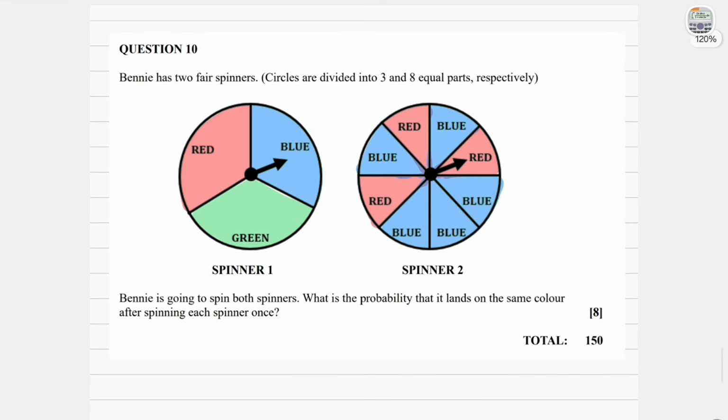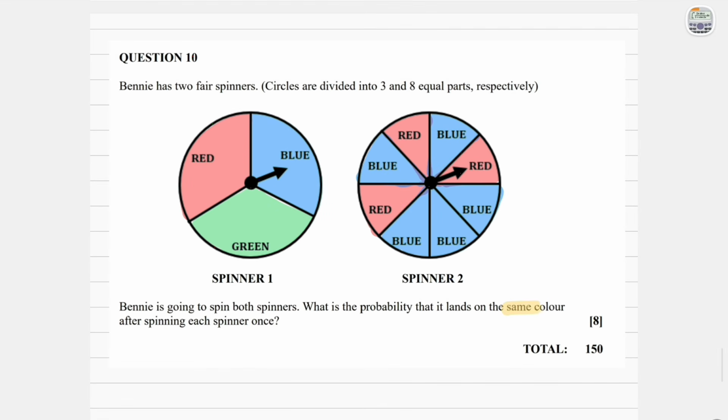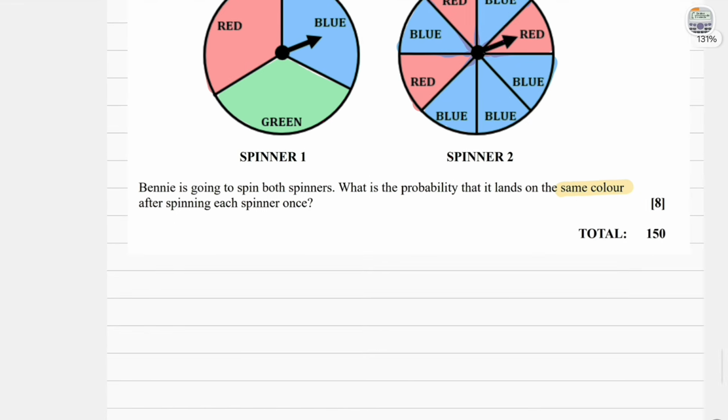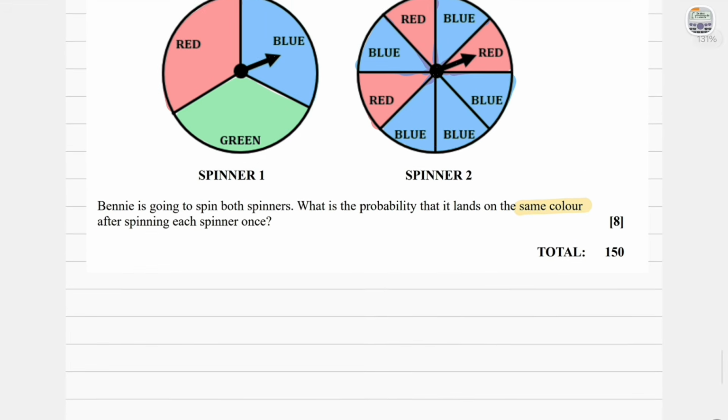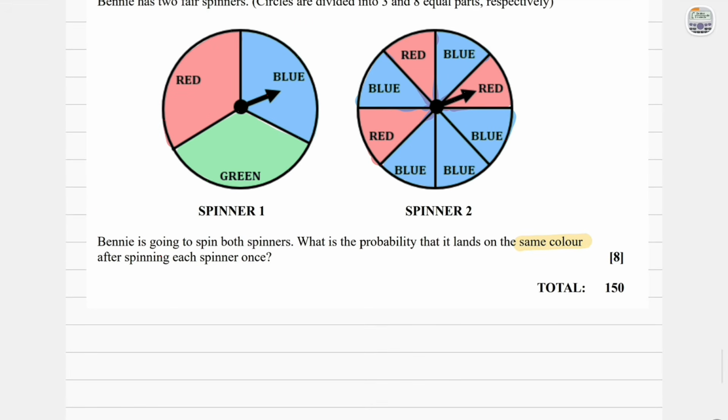Okay, so we're looking at the probability that they're going to land on the same color, meaning they can land on red and red or blue and blue. And you see, they can't land on green and green because the first spinner is the only one with green. Okay, so here's how we can do this. We can just see that they're spinning at the same time. These outcomes do not affect this one occurring.